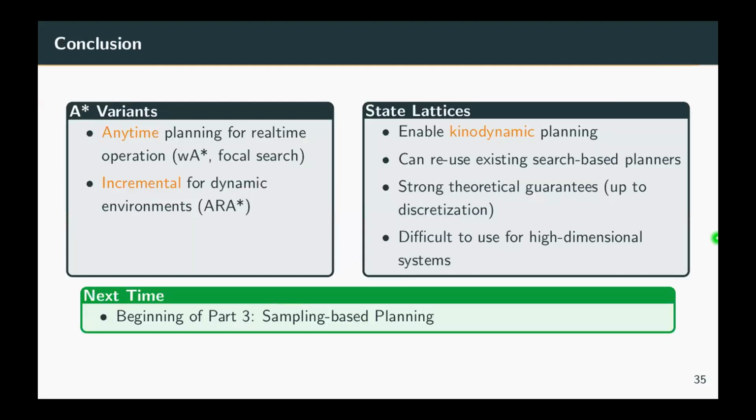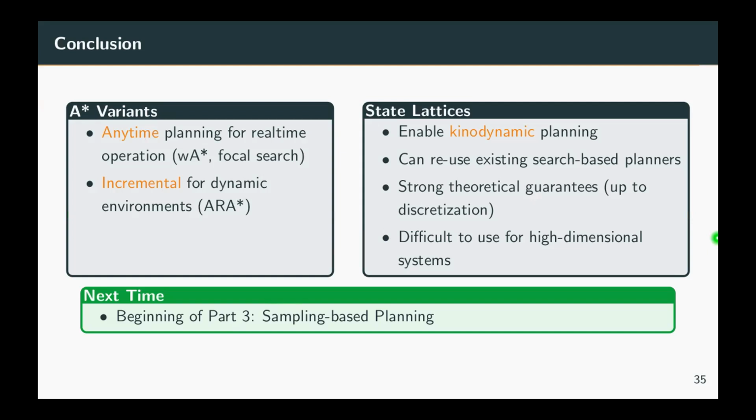Okay, and then to conclude, today we learned two big parts. The first one was more advanced techniques for A star. On one hand, we looked at anytime planning for real-time search, in particular weighted A star and focus search. And we also looked at incremental planning, which is relevant if your environment is dynamic.